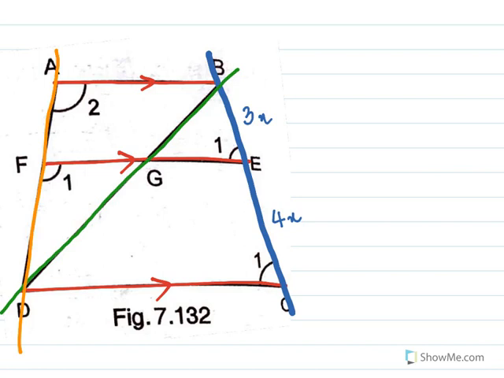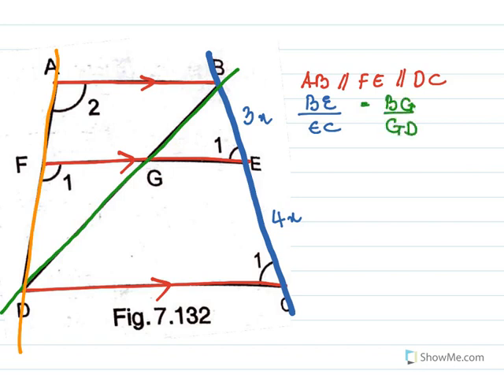Now if the 3 lines are parallel, that is AB is parallel to FE is parallel to DC, therefore the intercepts also are proportional, which means BE over EC will be equal to BG over GD. This is a property of parallel lines, equal to AF over FD.